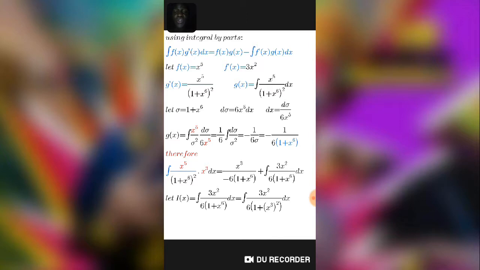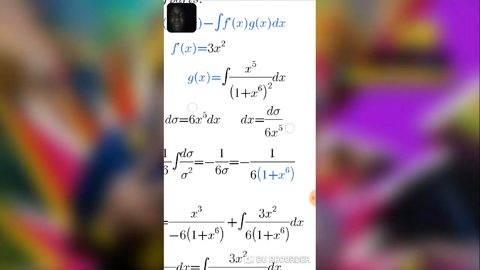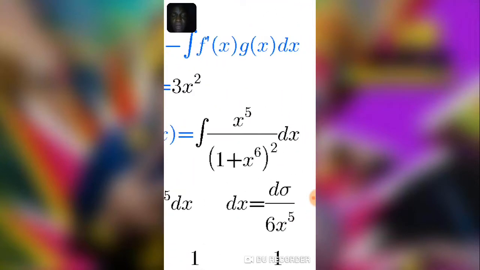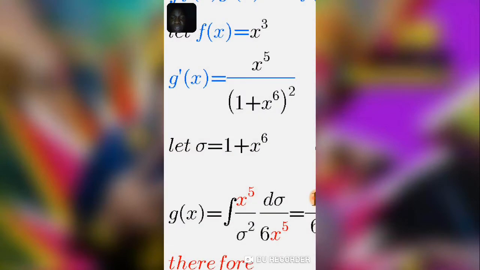To find g(x), we take the integral of both sides. Let's make this simpler: that's x to the power 5 over (1 plus x to the power 6) all squared. It doesn't matter which letter we use.